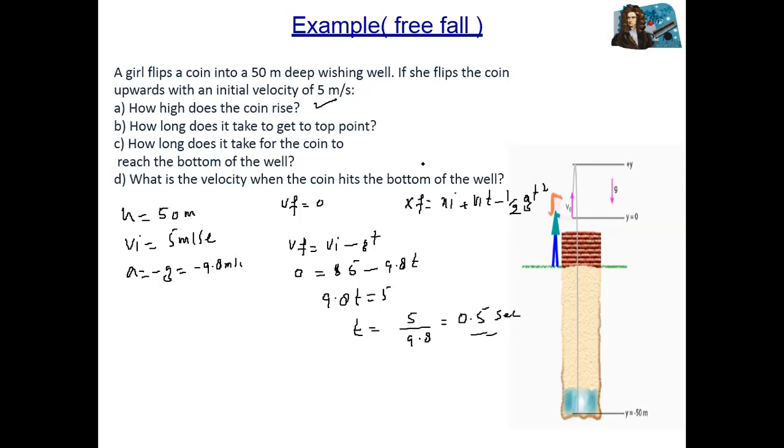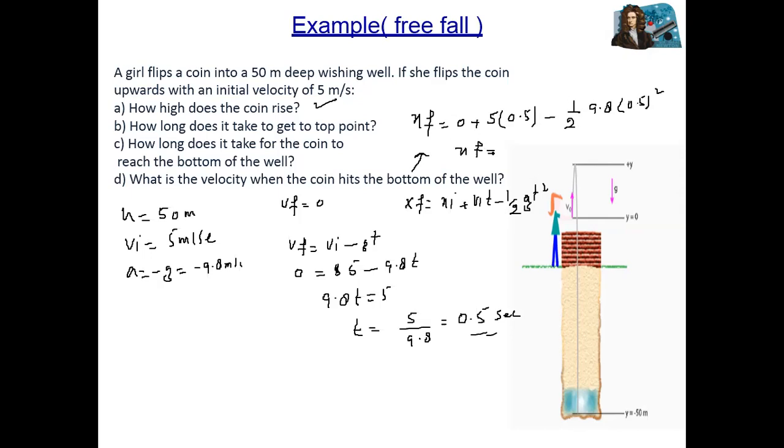Now with the help of this formula, you can finally find the maximum height. Xf is equal to xi, initially it is 0, plus vi 5 multiplied with 0.5 minus half, 9.8, and time square, 0.5 whole square.